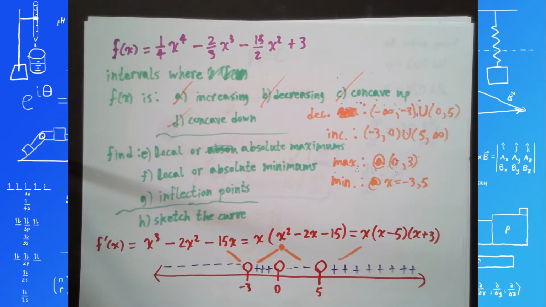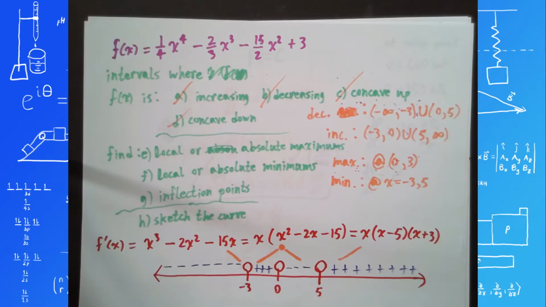We've got 1/4 times negative 3 to the 4th, which once you raise it to the 4th is positive 3 to the 4th, minus 2/3 times negative 3 cubed, minus 15/2 times negative 3 squared, plus 3.